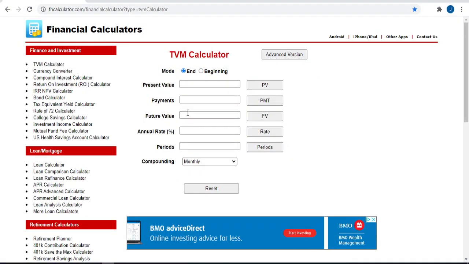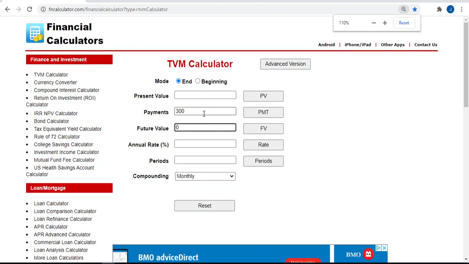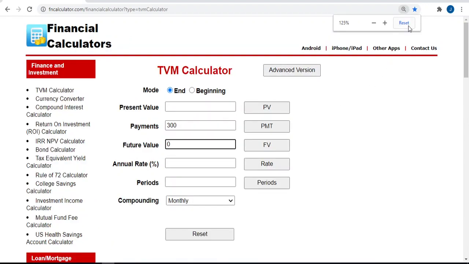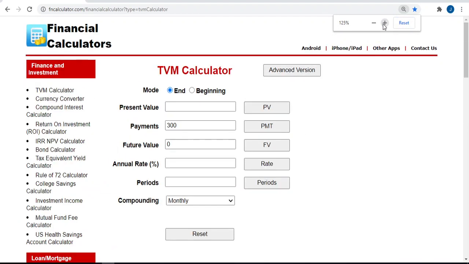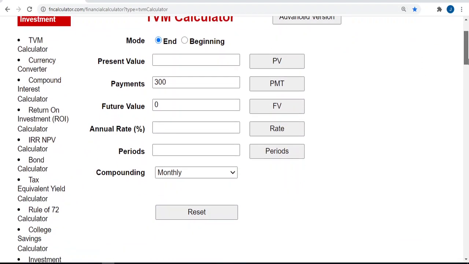Okay, so in this one, our payments are $300. Our future value is actually 0. At the end of this annuity, there is no more. I'm going to zoom in a bit for you. There is nothing left, and so we have a 0 there. The present value is what we're looking for. We know the interest rate was 3.5%. It is monthly and 36 months or 36 periods.